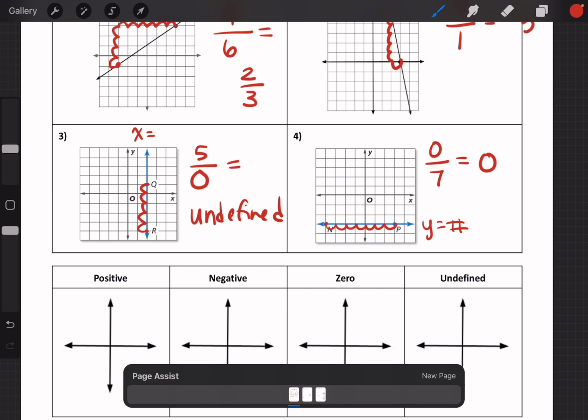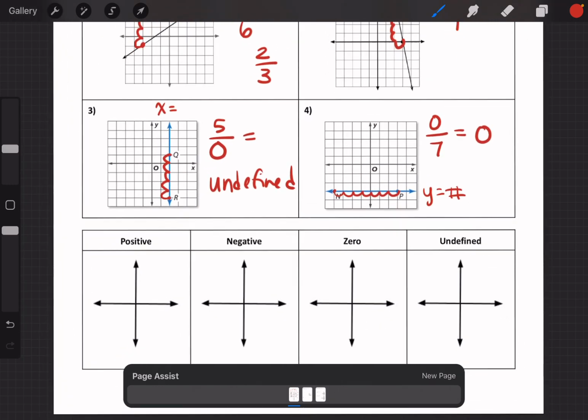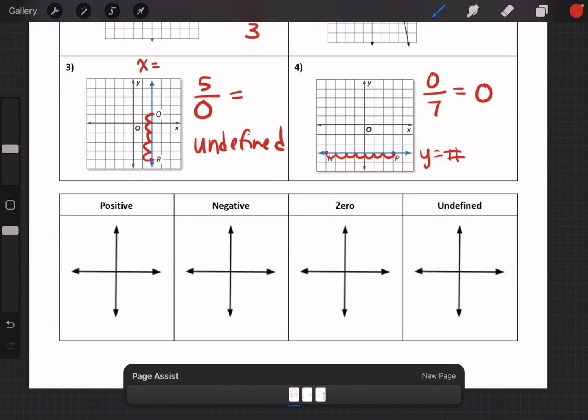So when you're looking at a line, you can tell whether the slope is going to be a positive number, a negative number, 0, or undefined just by looking at it. Positive slope, as we move from left to right, is going to go up. Negative slope, as we move from left to right, is going to go down.